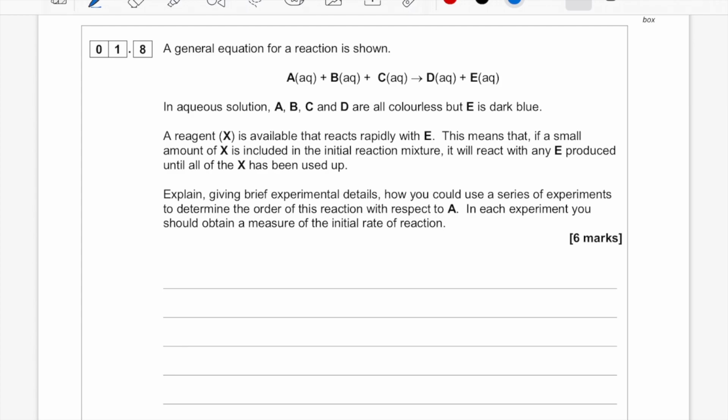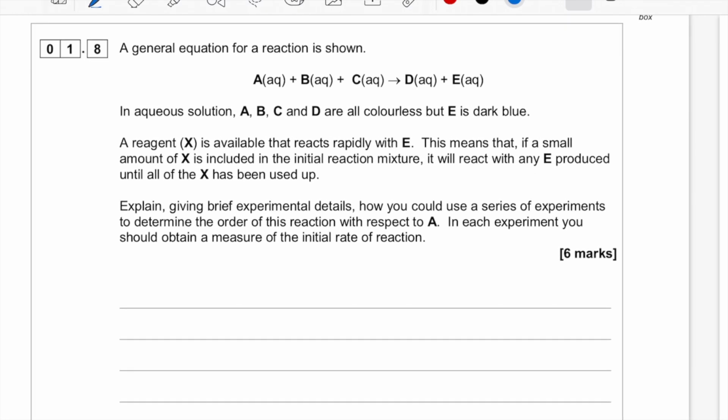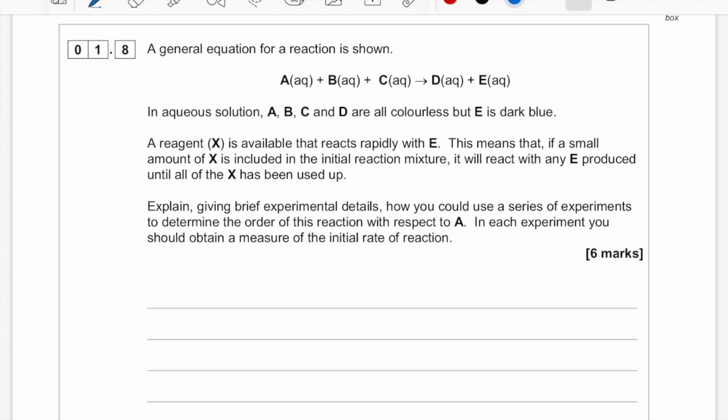Now, I don't know whether it's better or worse, the fact that they've used letters. I'll let you decide that. But they've got here a general equation for a reaction. A plus B plus C goes to D plus E. In aqueous solution, A, B, C, and D are all colourless, but E is dark blue.